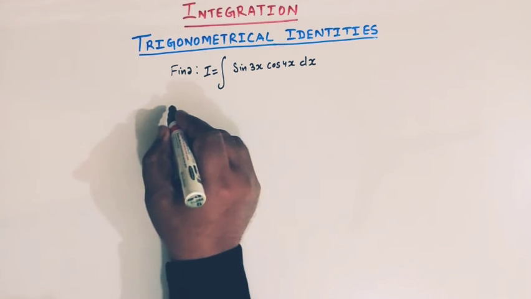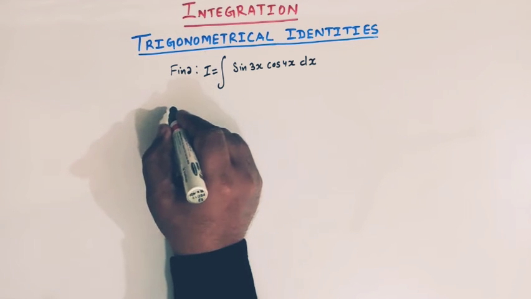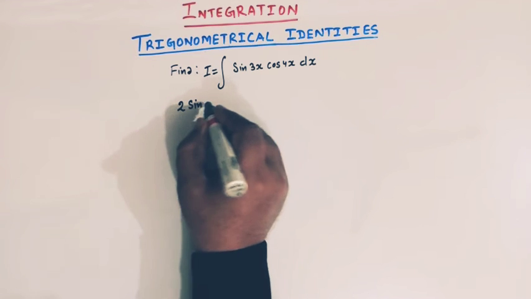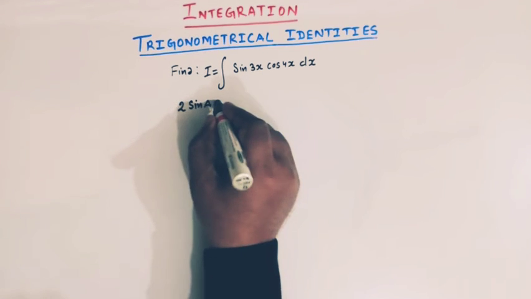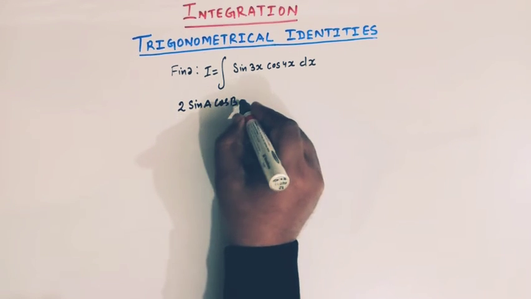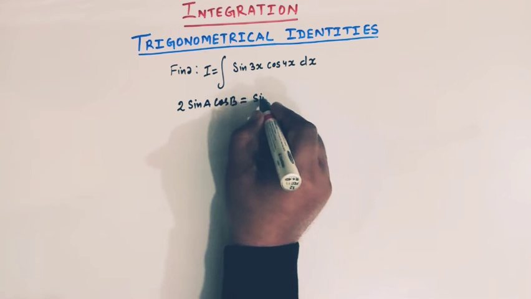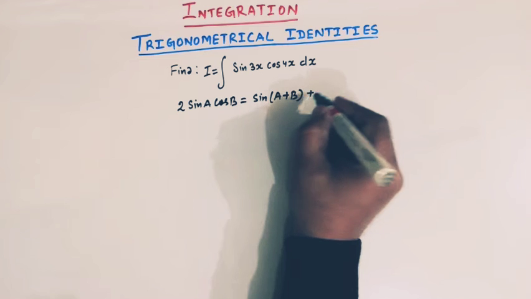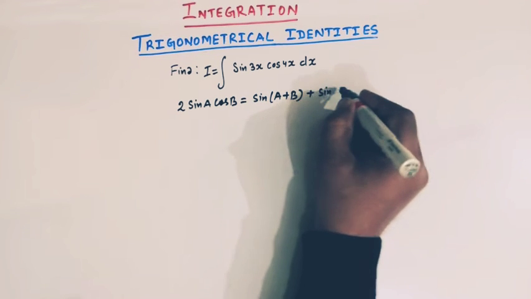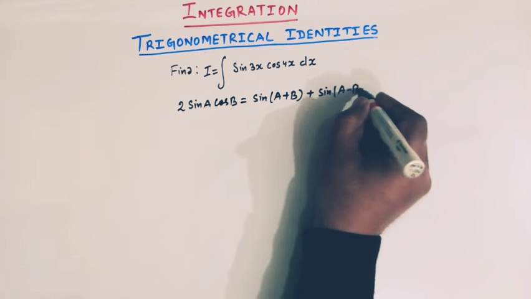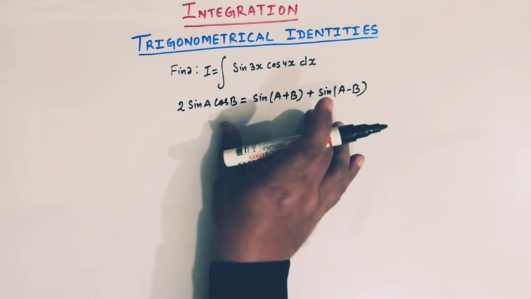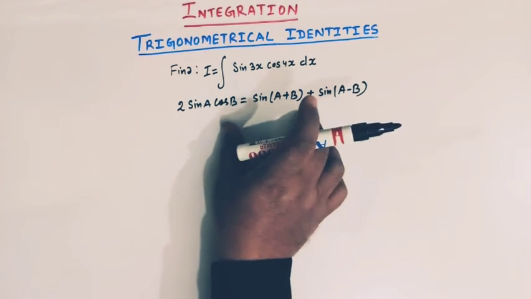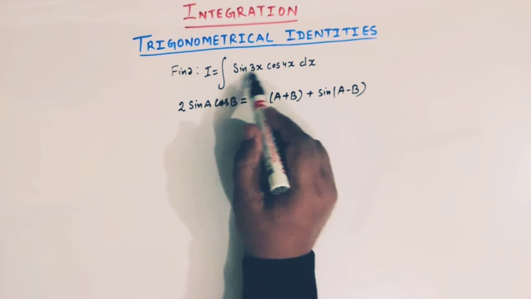We have already learned this identity, that is 2 sine A cos B is equal to sine A plus B plus sine A minus B, right? So this is the trigonometrical identity which will be used to integrate this function.